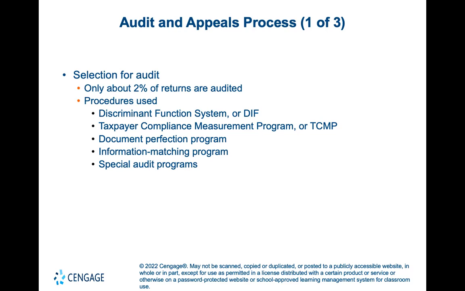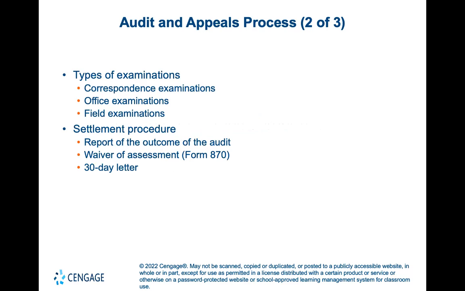So these are some procedures that are used to identify if your tax returns qualify for audit. And of course, you can look up the 10 most warning signs or 10 red flags on Google, and you can find what some of those red flags are.